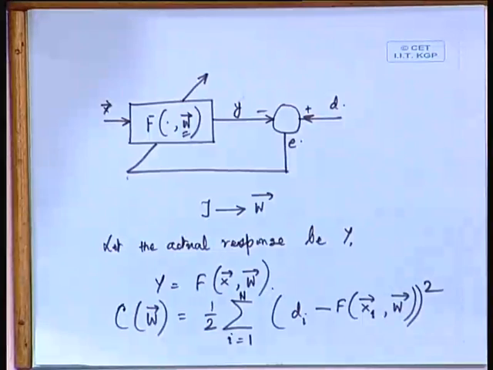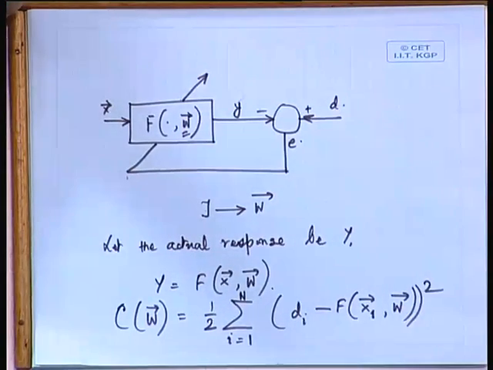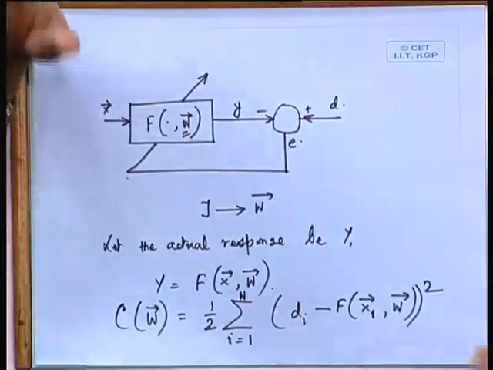That means by feeding n different examples, we would have adjusted the weight n number of times. Whereas in this representation, we are accumulating the sum of square errors for all the n examples in the set, and once all n examples are presented and we have accumulated the sum of square error, then we are going to adjust the weights.